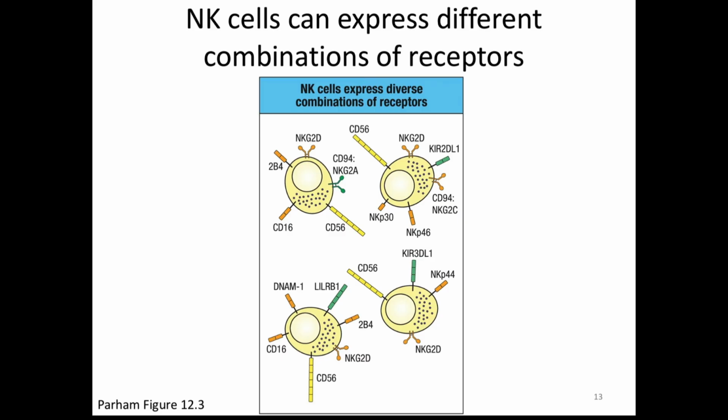As I kind of implied in saying that, things happened while I was in graduate school. There were some additional discoveries that come back to this innate versus adaptive question. We're going to get to those later at the end today. So for now, we're going to talk about this classic understanding of NK cells. I'll give you some of the more recent stuff at the end.